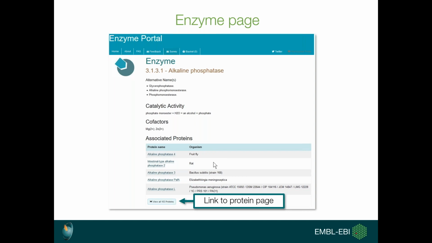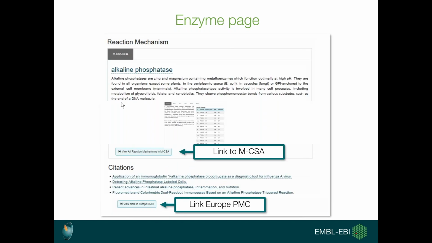To view the full set of proteins, you just click on the View All button, which will display them in the protein result page that I described earlier. In the page, you will also find information about the reaction mechanism if available, and also papers that discuss this enzymatic activity.